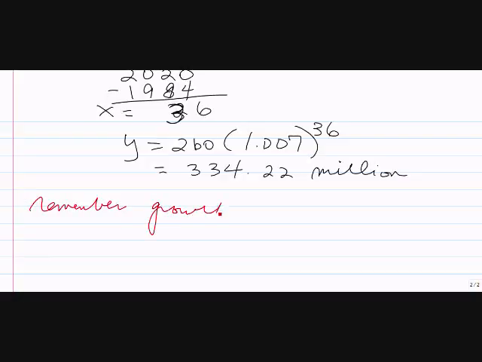Growth is 1 plus the percentage. Decay is 1 minus the percentage. And you put that percent in a decimal.